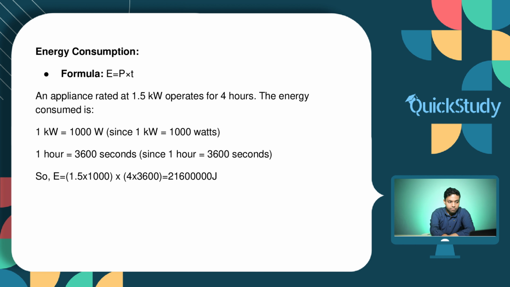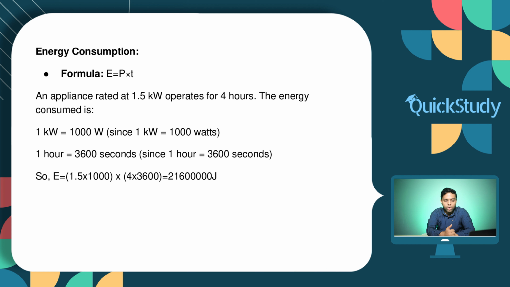Another formula would be the energy consumption. The formula of this is energy is equal to power multiplied by time. Let's look at an example to understand better. An appliance rated at 1.5 kilowatts operates for 4 hours. The energy consumed is, we have to at first convert kilo into watt.